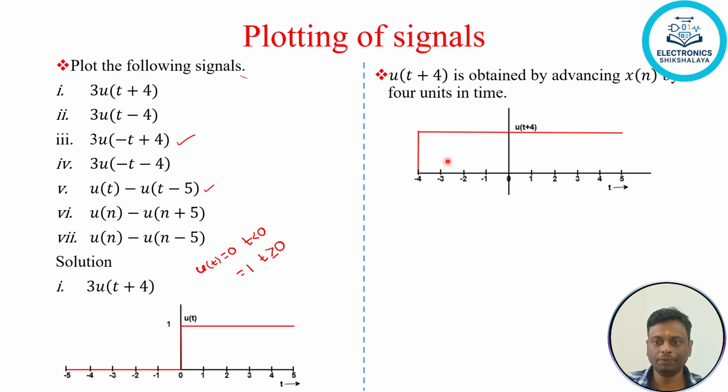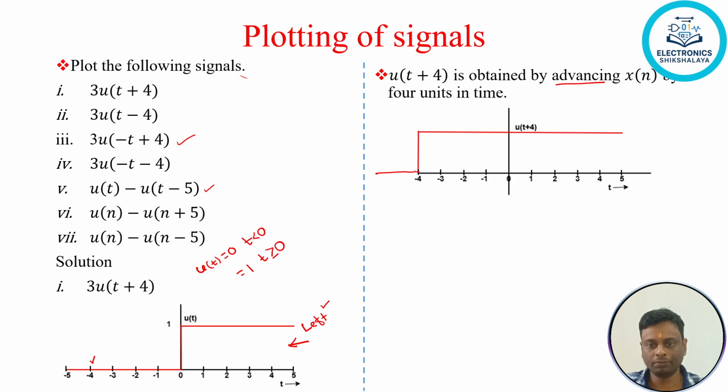Advancing means the whole signal will be shifted towards the left by 4 units in time. This is called advancing. So the signal is just shifted 4 units of time towards the left, so it starts at minus 4.